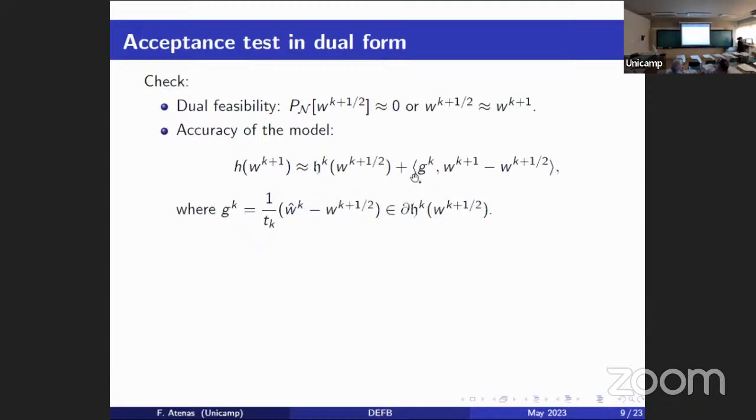Well, this is not the criterion, right? But essentially it means that the objective function h evaluated at the projection should be similar to a linearization of the model, where this gradient here, gk, can be computed in every single iteration because it depends on the center and the new first term, right?